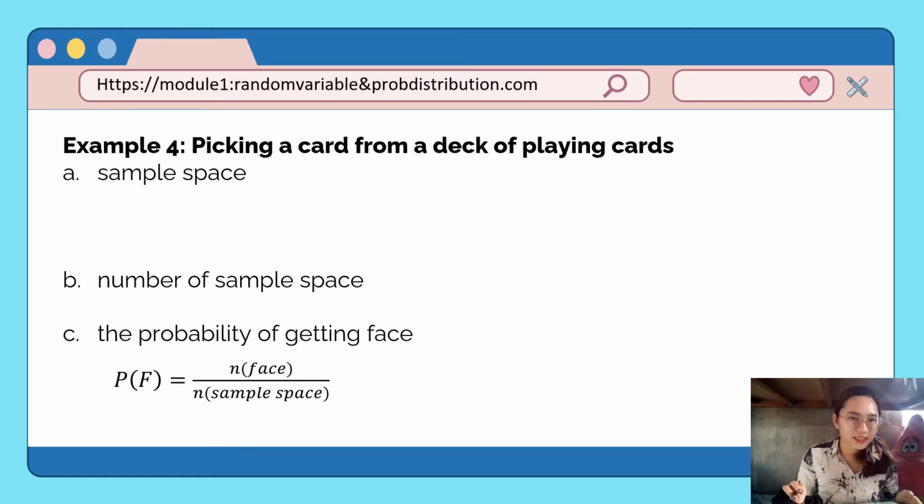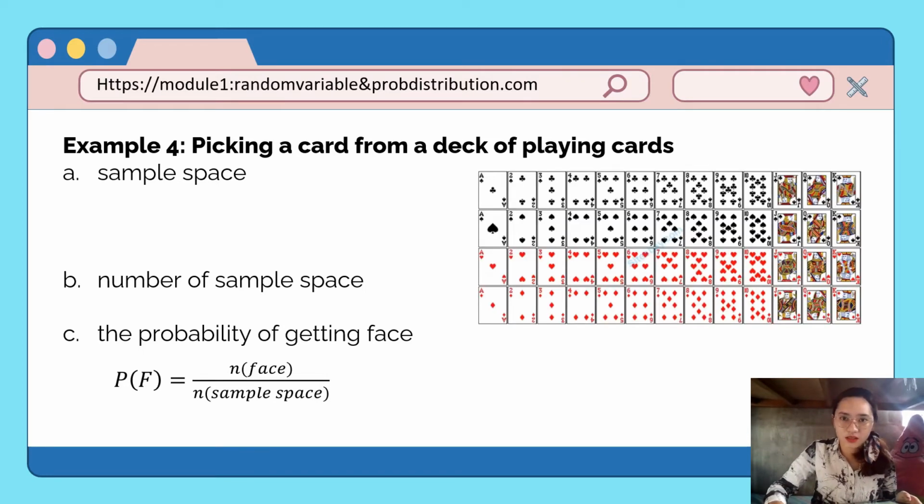The last example natin of an experiment is picking a card from a deck of playing cards. Playing cards, ito yung barahan na madalas nilalaro natin. Ano ba yung mga possible outcomes natin? Kung bubunot tayo ng isang card, lahat ng nasa barahang yun ay possible na mabunot natin, which is very distinct in each outcome.